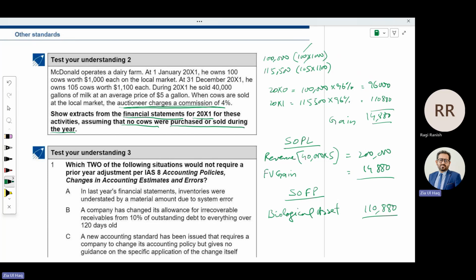In the balance sheet, we need to record fair value less point of sale cost. This is fair value. What is the point of sale cost? Commission paid to the broker while selling, and any levies. Levies are not in your syllabus.